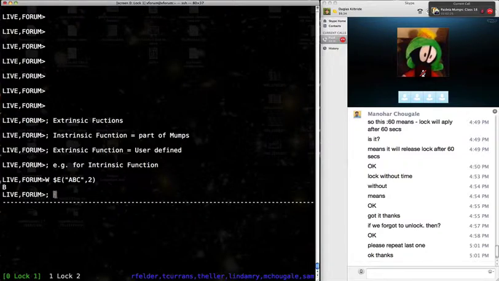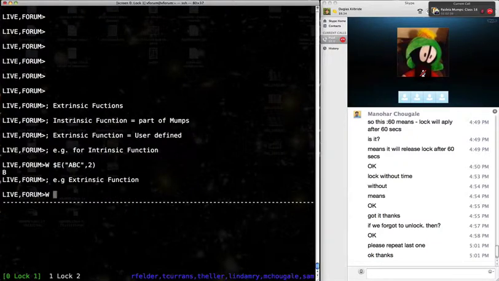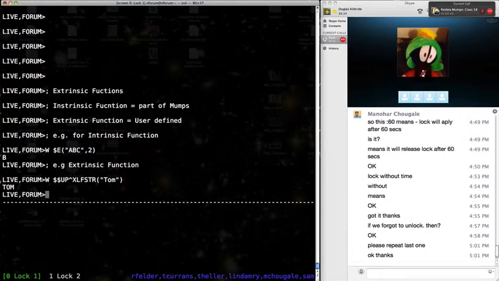An example of an extrinsic function is write $$UP^XLFSTR. That's the routine it's in. And it's going to capitalize your letters.